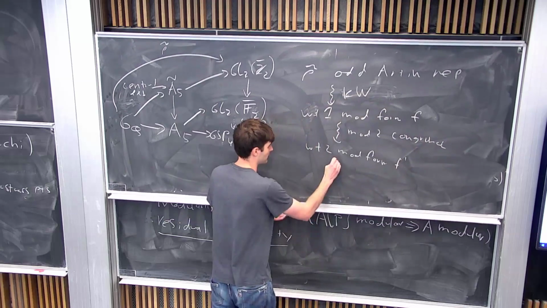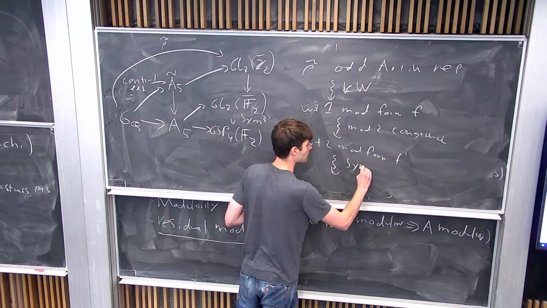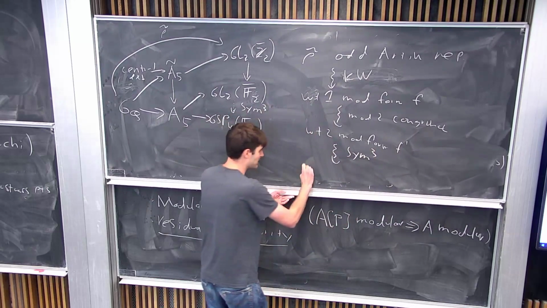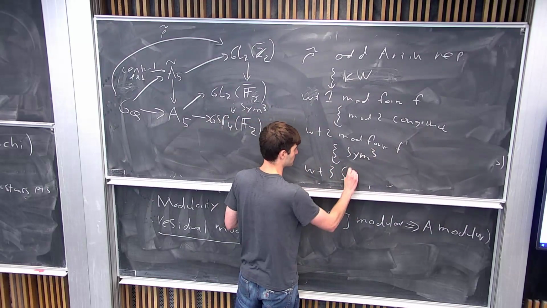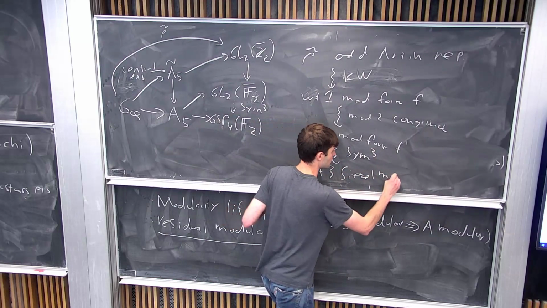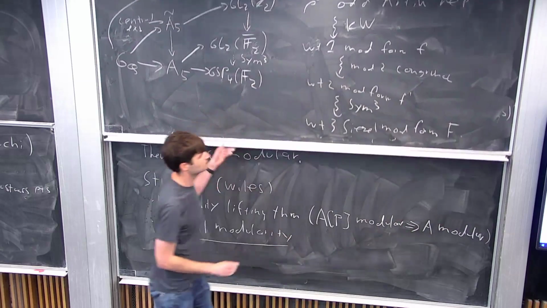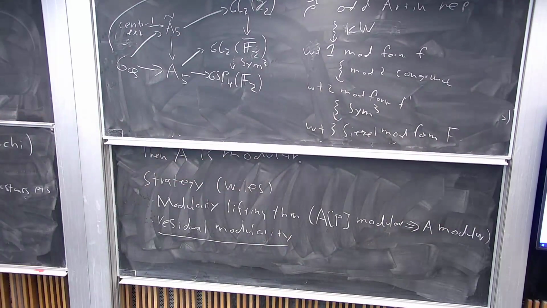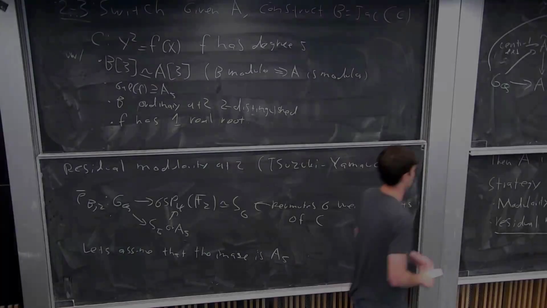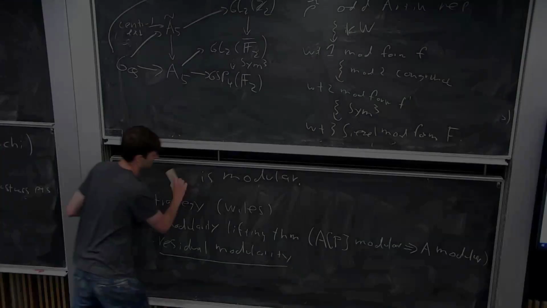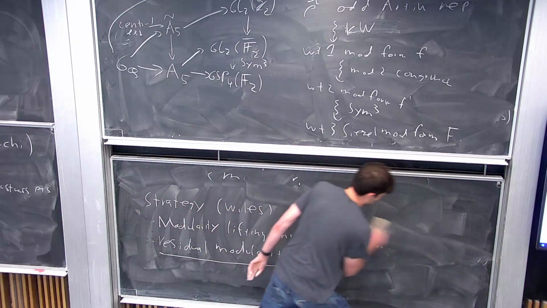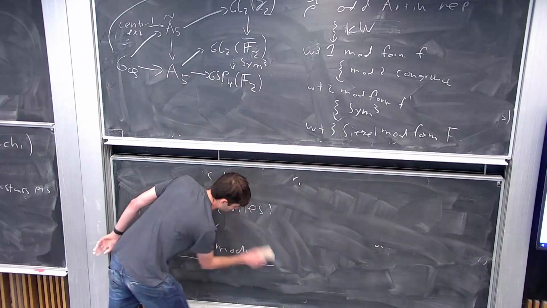And then we take its symmetric cube, which gives us a weight 3 Siegel modular form, we'll call capital F. And this gives us, in some sense, residual modularity for our abelian surface B at t equals 2.